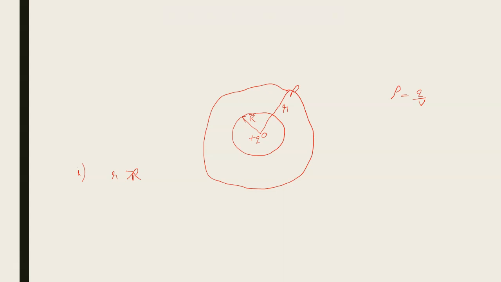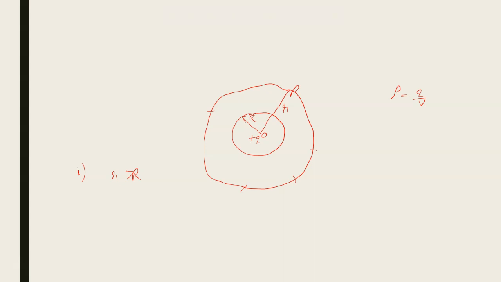All the points on this surface are at the same distance from the center, that is small r. Due to spherically symmetric charge distribution, the magnitude of the intensity of electric field at all points on this Gaussian surface is the same. If we calculate the electric field here or here or here, at every point the intensity of electric field will be the same.